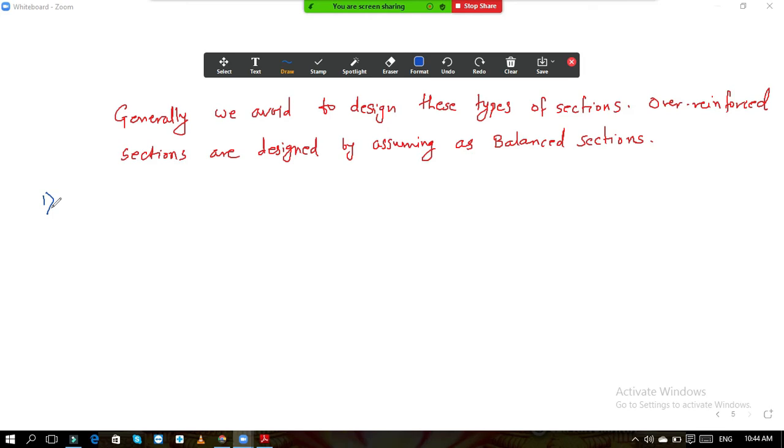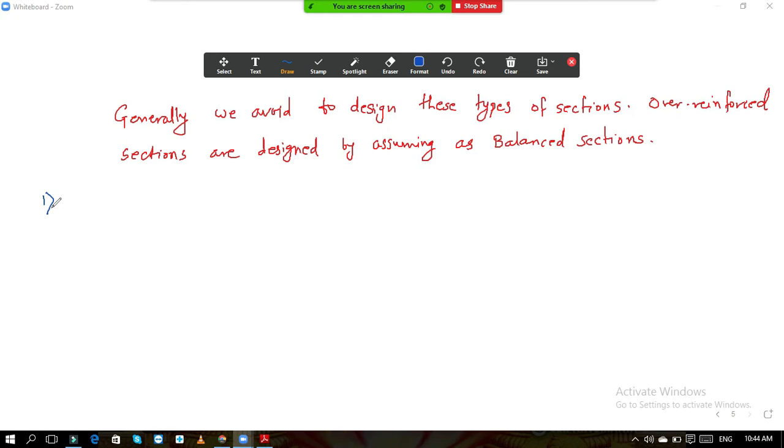And in the under reinforced section, steel will fail first, then concrete will fail. In balanced sections, both are balanced, so xu is equal to xu max, Mu is equal to Mu limiting. Again, the formula is there for the Mu. And over reinforced section, generally we don't design over reinforced sections. If it comes to designing these over reinforced sections, then we will assume it as a balanced section, and then we will design. Okay, so this is the introductory part of this unit.